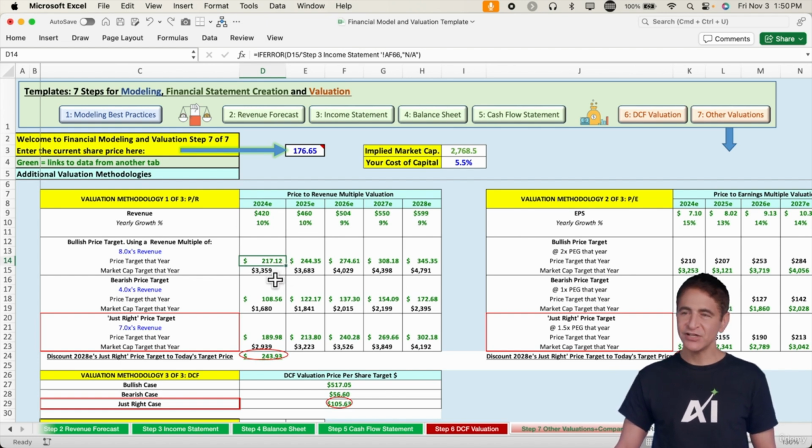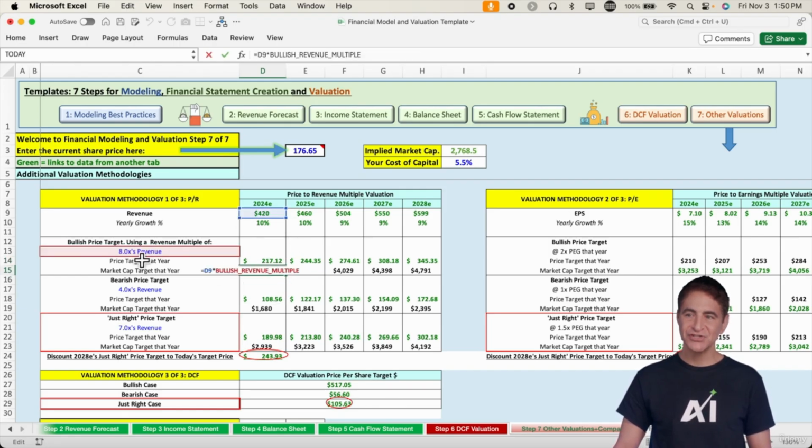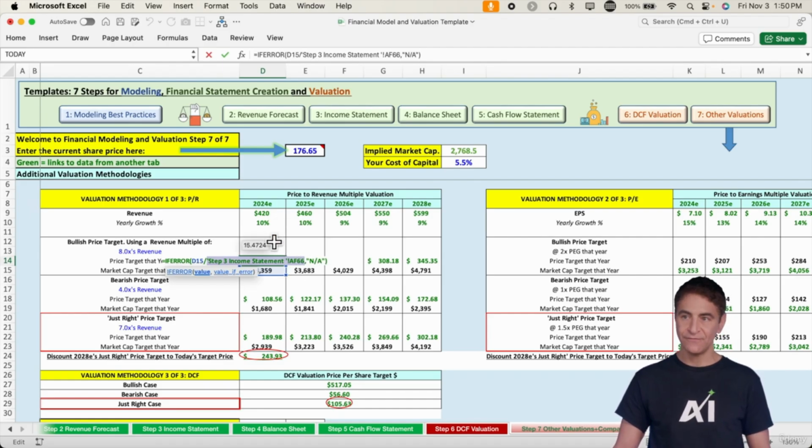Now, the way that I calculated that was this. Remember, this is the revenue number that year. I take 8 times the revenue for the year, 420 billion in this example, and that gives us the market cap. Then what I have to do is divide this by the number of shares as well. And that's going to be the number of shares for that year. So this here is going to be the number of shares in 2024.